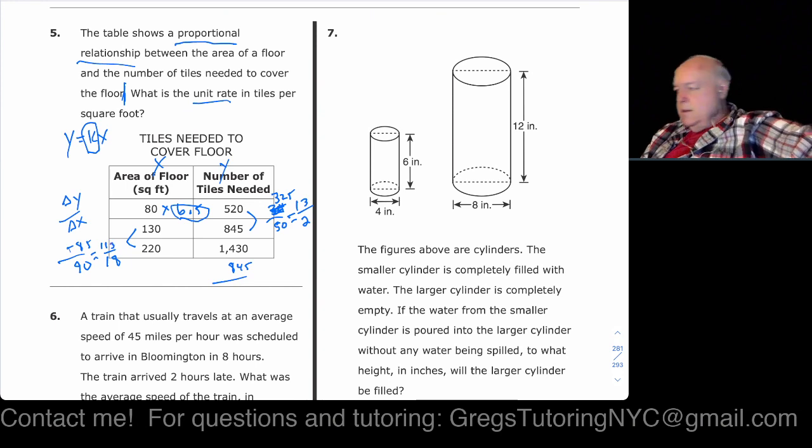Did I do that right? 585 divided by 5. No, I didn't do that right because the carry is 1, 1, 3, 7. So it's 117 over 18. So this one gets uglier. I noticed that both of those numbers are divisible by 3. In fact, I noticed they're divisible by 9. So I have 13 over 2.